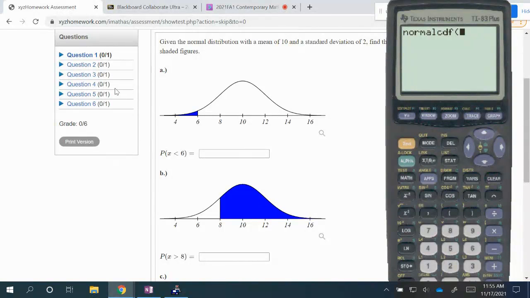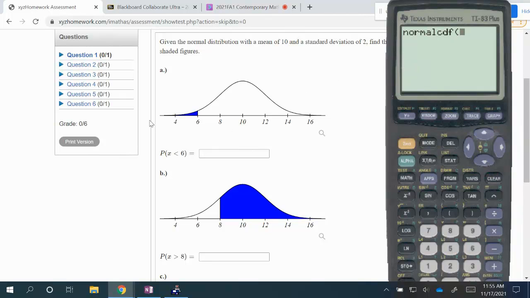All right, so let's see how this works. Notice I'm going to use a number that's to the far left. For these instances, I'm going to use negative 100 and positive 100 as my extremes.